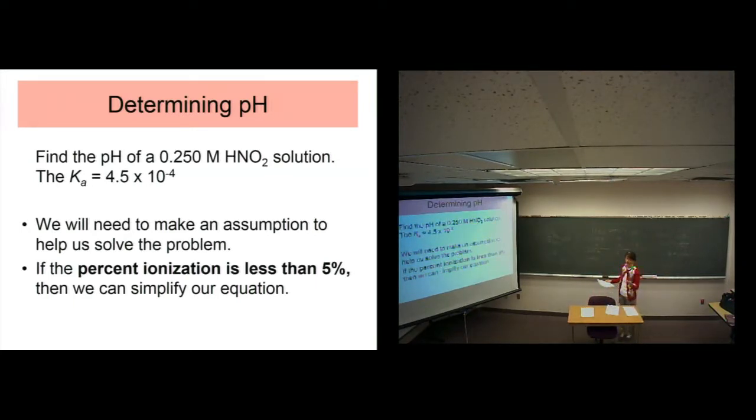And we figured that out to be 0.0106 divided by my initial acid concentration, which in this case was 0.250, times 100. So percent ionization comes out to be what? 4.2%. Okay, so that's below 5%.